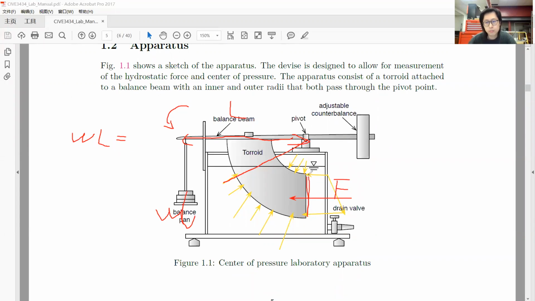So that's why we only care about the force on this vertical surface, but not on the curved surface, because all the forces are going to the pivot point, and in the moment balance, they don't have any contribution to the equation.